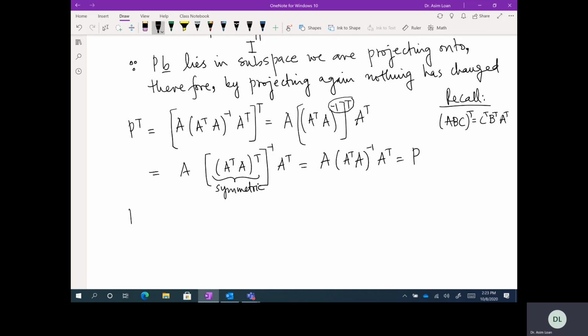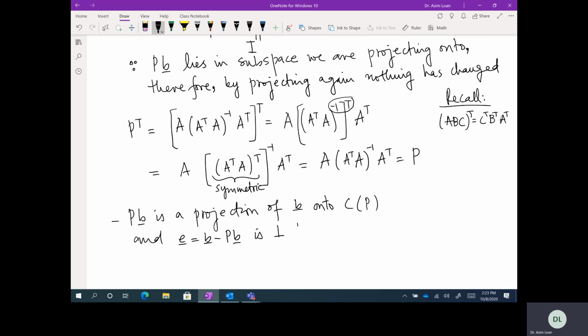So PB is a projection of B onto the column space of P. And the error vector E, which is equal to B minus PB, is orthogonal to this column space.